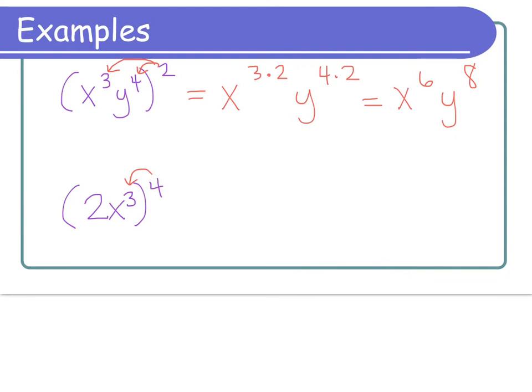Yep, if you can see it, it's got an exponent of 1. So 4 should multiply with the exponent 1 as well. So we should get 2 to the 4th times x to the 3 times 4. So 2 to the 4th times x to the 12th.